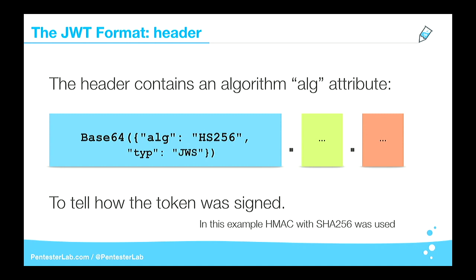So as part of the header, the blue part, we got an algorithm. That's to tell the person receiving the token this is the algorithm that was used to sign the token. And you also get a type to say that's a JWS, so a signed token. In this example, it's HMAC 256, HS for HMAC and 256 for 256.